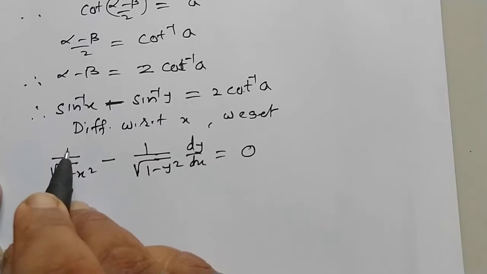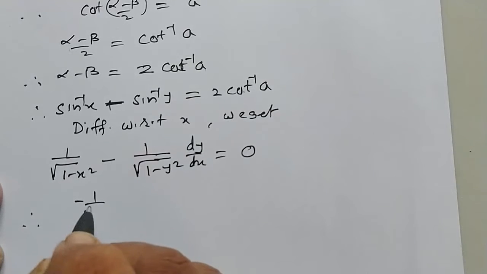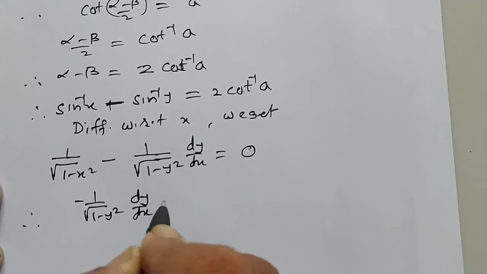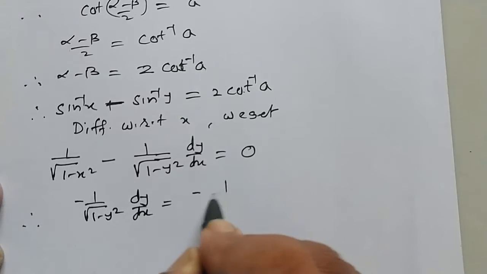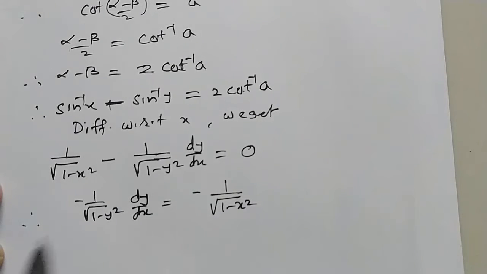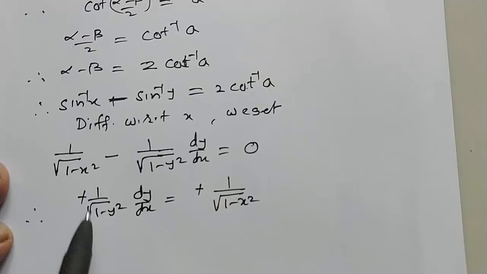Therefore, taking this term to the right hand side, −(1/√(1 − y²)) dy/dx = −1/√(1 − x²). Minus minus becomes plus.